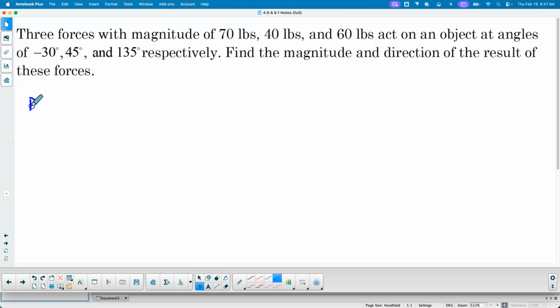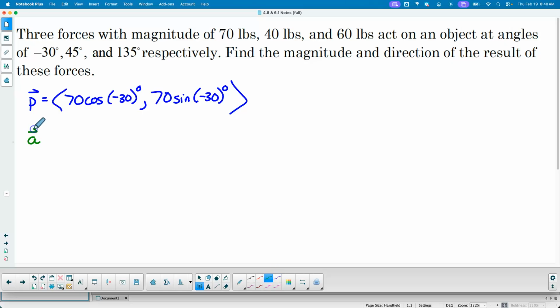So let's go. Vector P is at a magnitude of 70 and a direction angle of negative 30. If you use 330 degrees there, that's fine too. Same thing. Let's go vector A is 40 and 45.